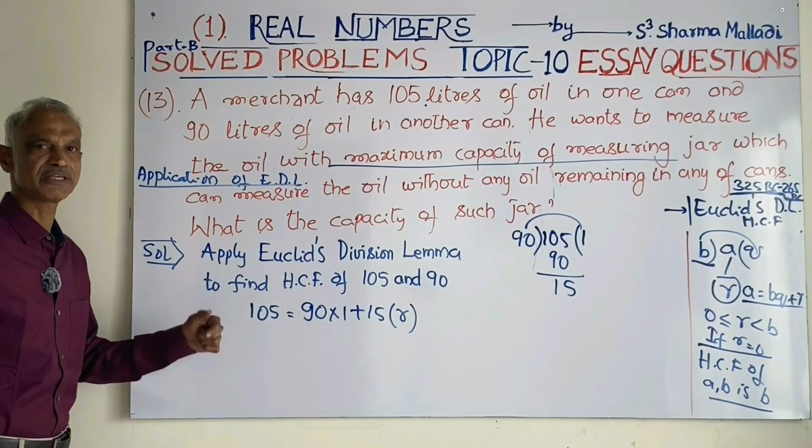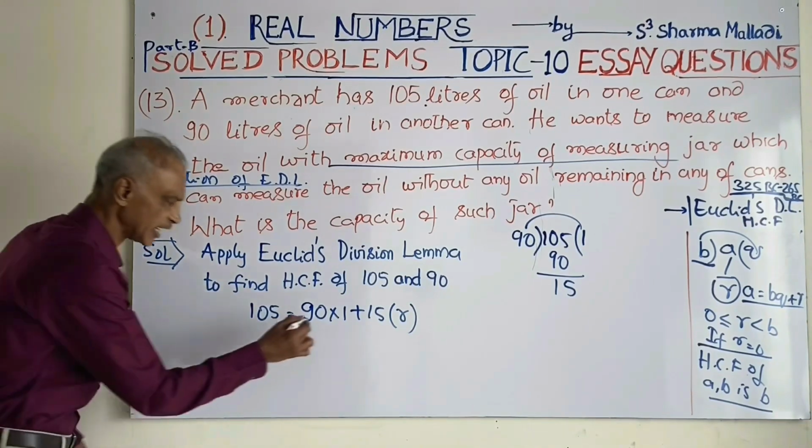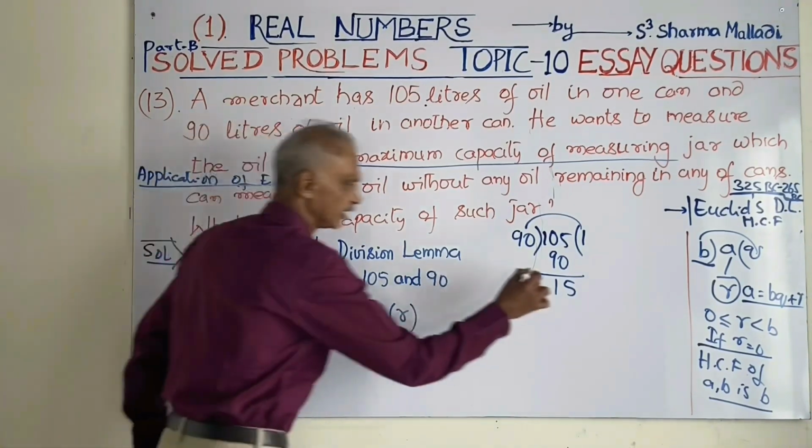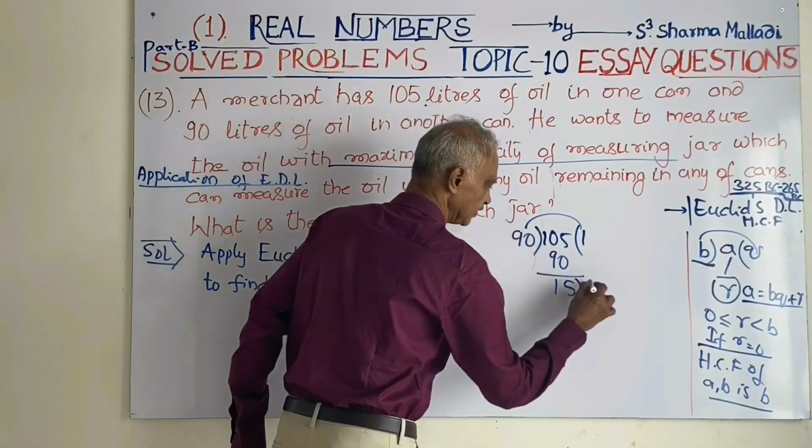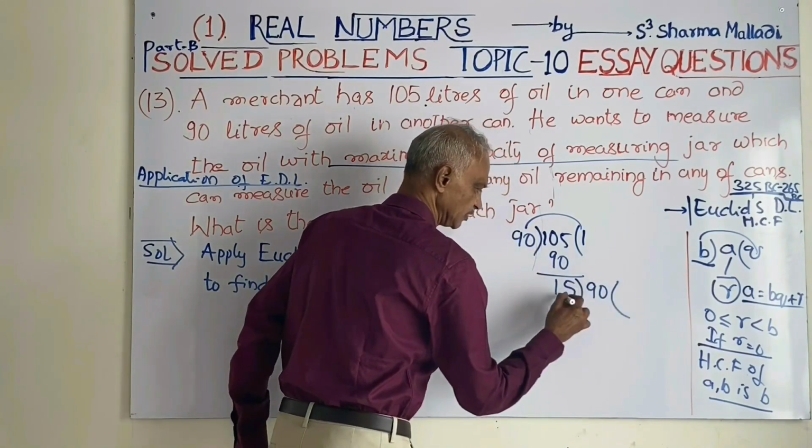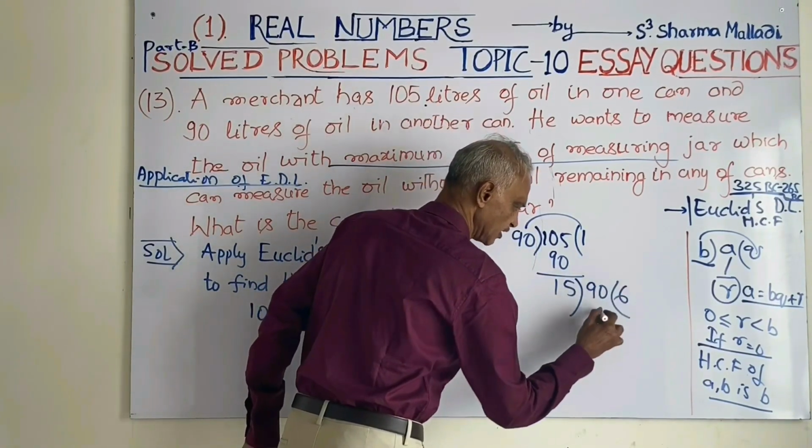Again, you have to apply Euclid's division lemma to 90 and 15. Again, you have to divide 90 with 15. 15 sixes are 90.